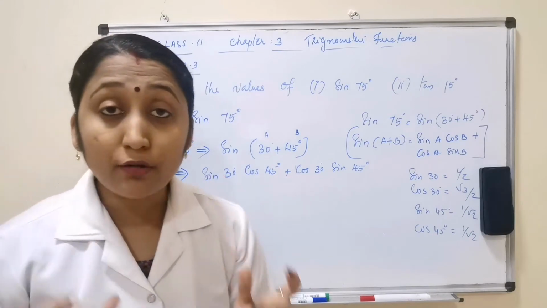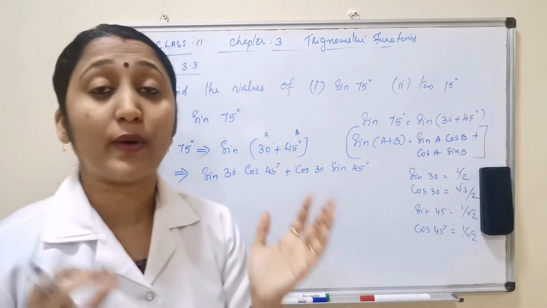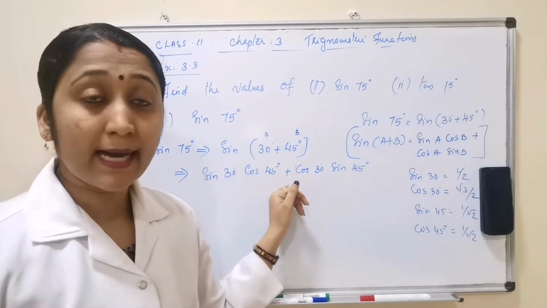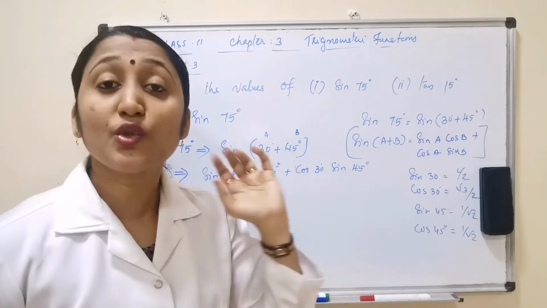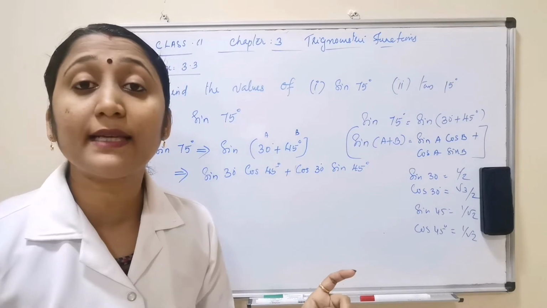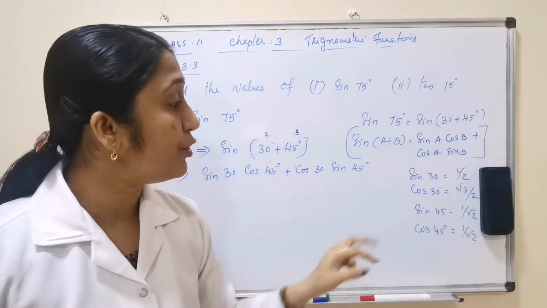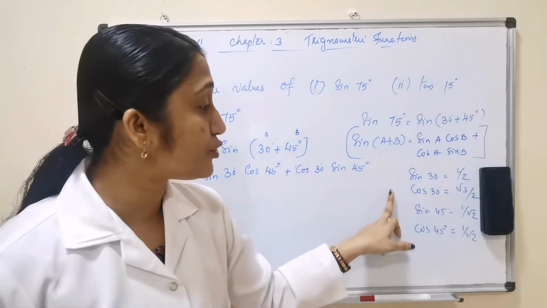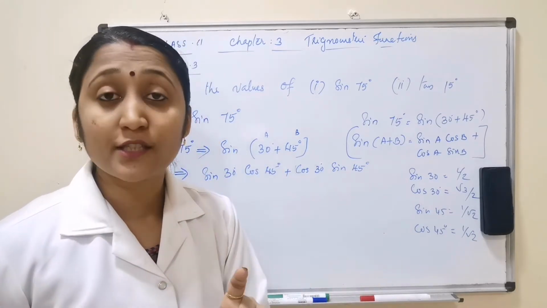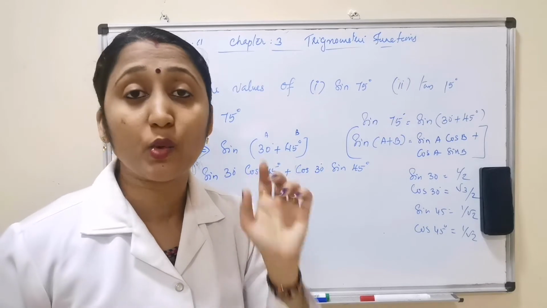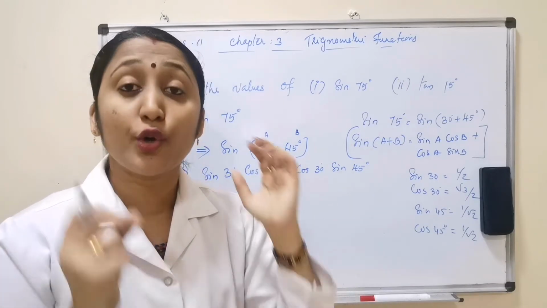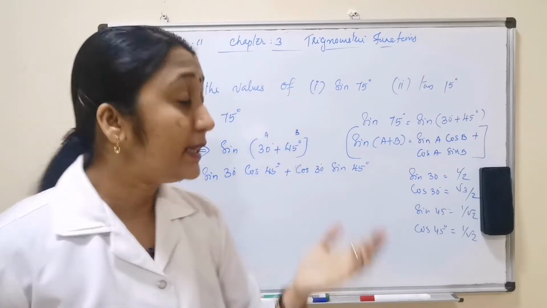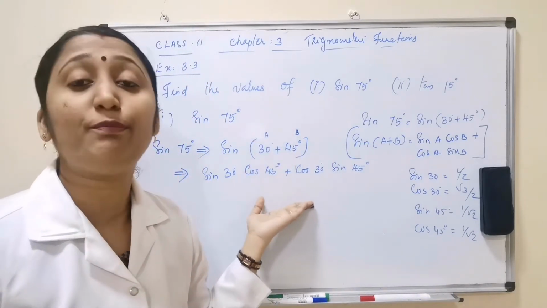So we have to remember these values. Sine 30 is 1 by 2, cos 30 is root 3 by 2, and sine 45 and cos 45 are the same, 1 by root 2. That is very important, and only then can you solve this type of problem.